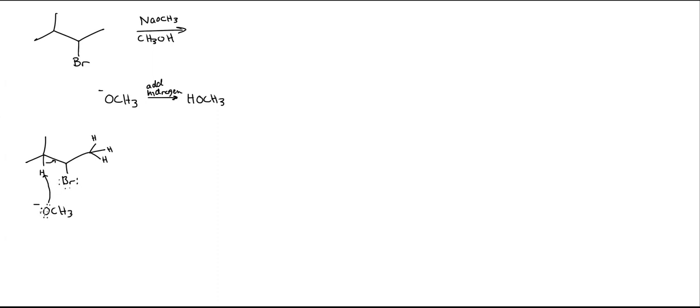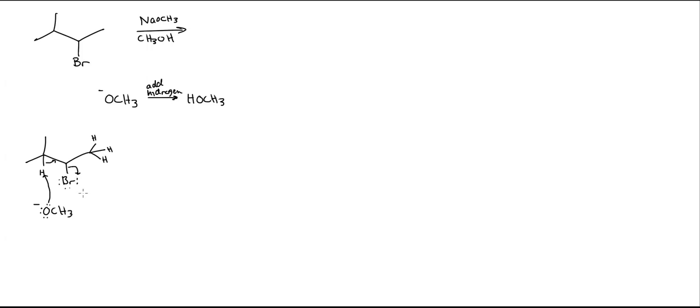So I take this hydrogen, and then the electrons in this carbon-hydrogen bond are going to go here to form a double bond here. If I form a double bond here, then that means that this carbon is going to get 5 bonds. Well, we know that's not possible. Carbon cannot have 5 bonds. So I need to lose a bond. Well, what's the best thing to leave? Bromine is the best thing to leave. Bromine's a great leaving group.